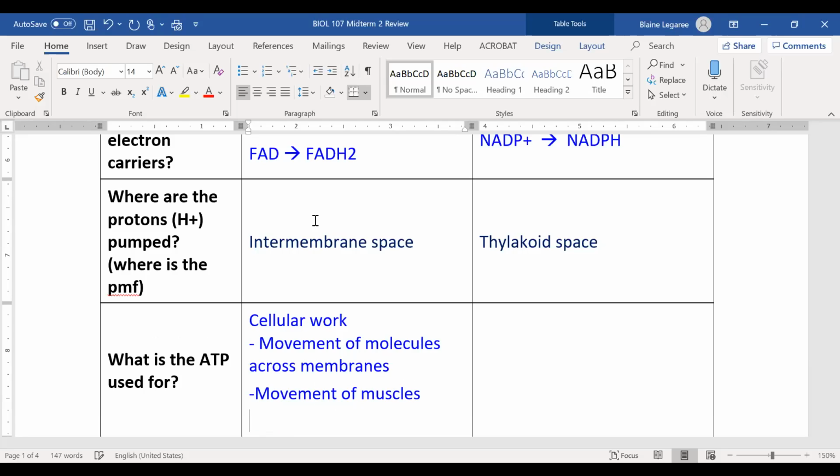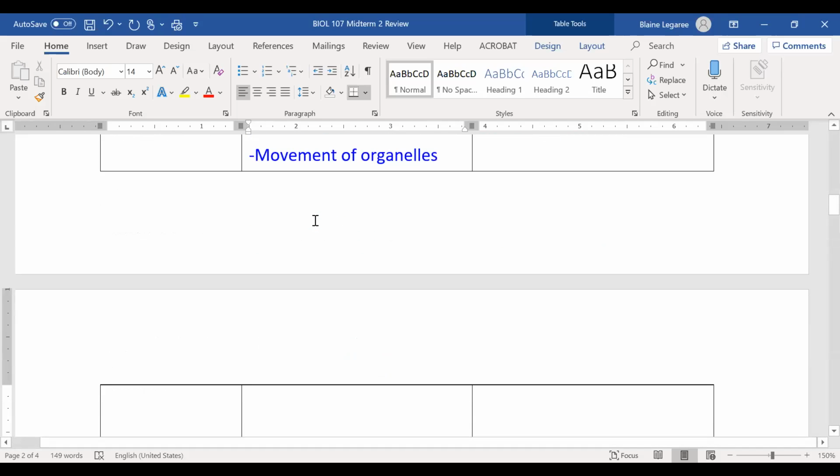Movement of organelles. And the big one that we talked about was energy coupling. So I'm going to put that one into bold.